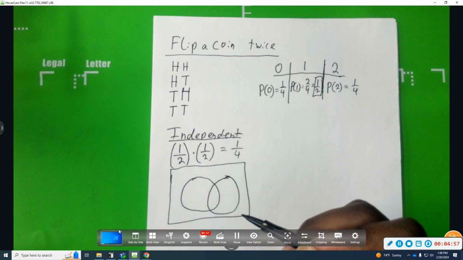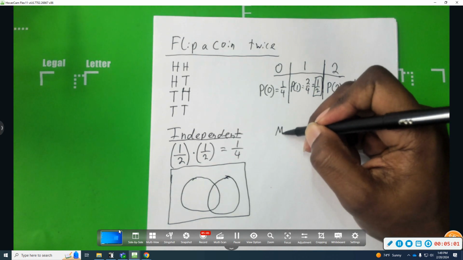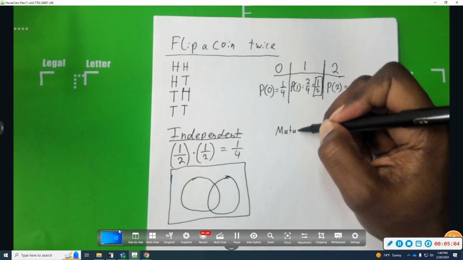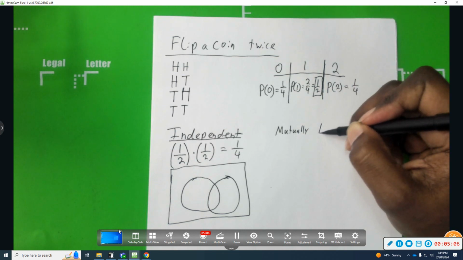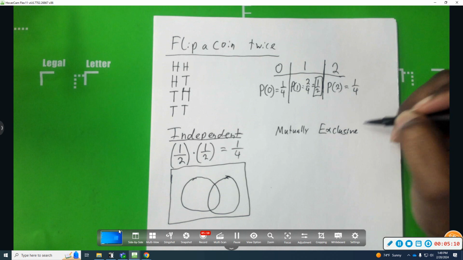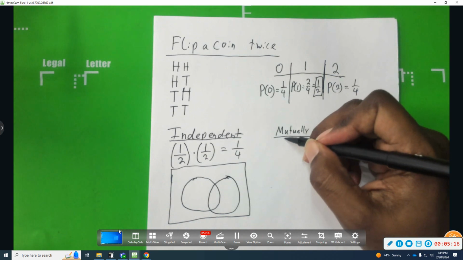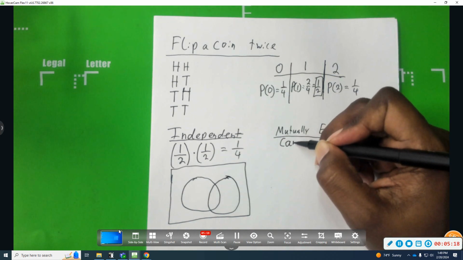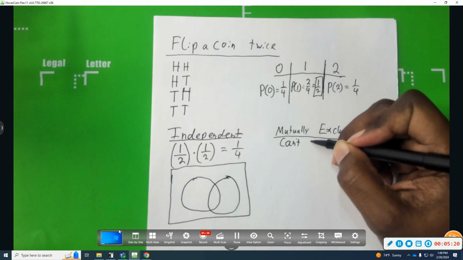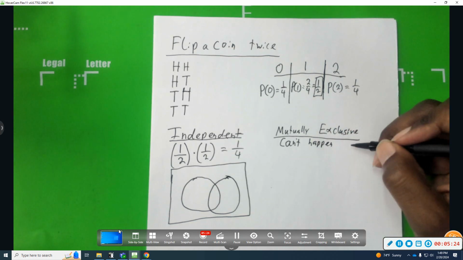We're also going to talk about mutually exclusive events. So mutually exclusive events mean these cannot happen at the same time. I'll say can't happen together.